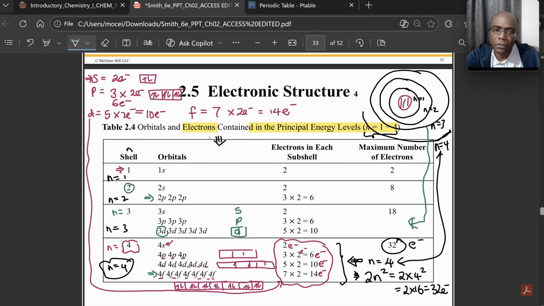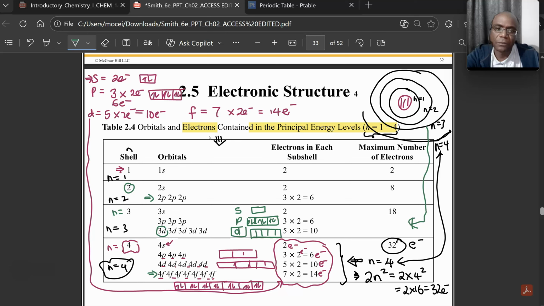Okay, so each of the S carries 2 electrons. The S subshell only has 1 orbital, while we say the P has 3 orbitals. And then the D, we said it has 5.